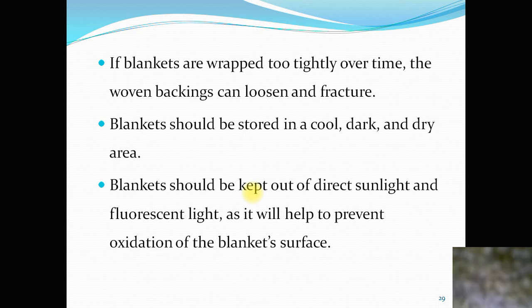Rubber has the tendency to get a chemical reaction with light, even fluorescent light or sunlight, and it also reacts with the moisture present in the atmosphere, that is the oxygen. The oxygen may oxidize it.